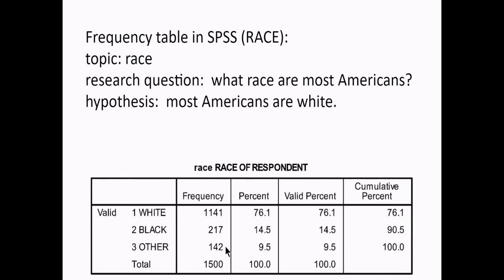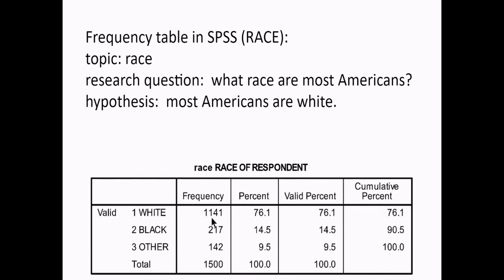Now, as I showed you in one of the videos about how to do things, or I will anyway, the race variable in the GSS has three possible options. Not the best, but the question was something along the lines of what race do you consider yourself: white, black, or other? There are four columns here that we want to pay attention to.